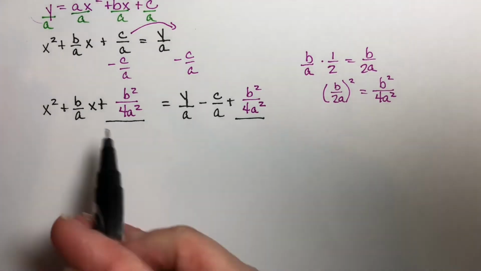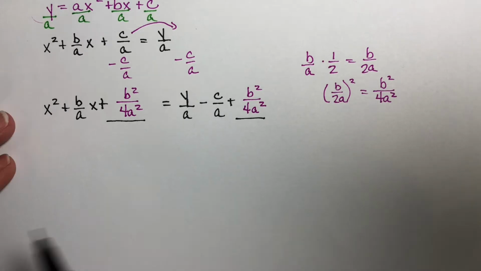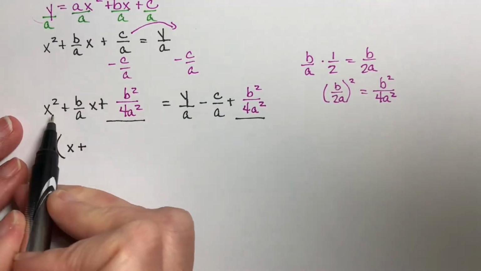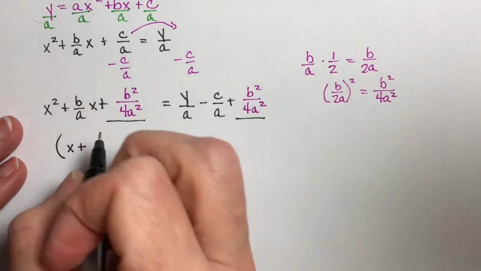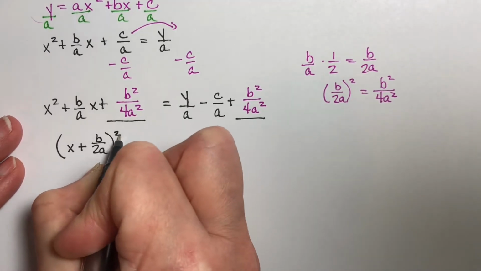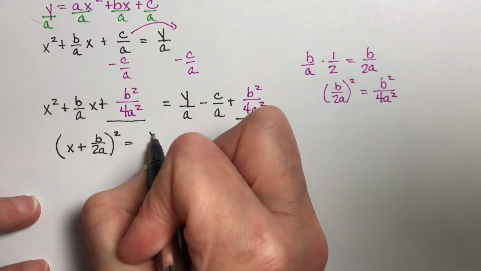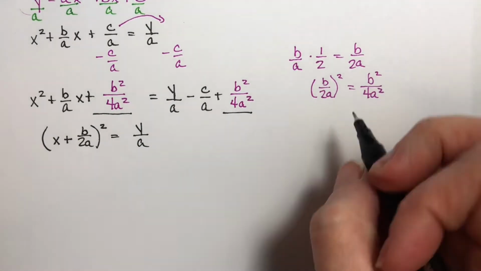Now, if we've done this correctly, this is a perfect square trinomial right here, and this should feel very similar to what we did when we were developing the quadratic formula. This factors as (x + b/2a)², because that's a plus sign, it's always the square root of what's right here before you squared it, equal to y/a. Let me get a common denominator right here.